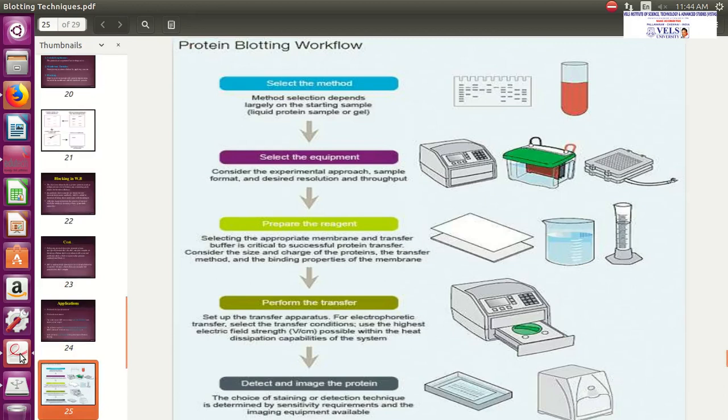Then the protein blotting workflow. First we select the method, select the equipment, prepare the reagents accordingly, perform the transfer to the nitrocellulose membrane, then detect and image the protein. So this is the overall blotting workflow.